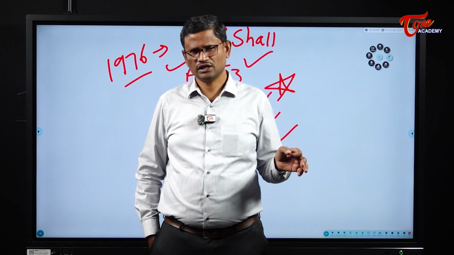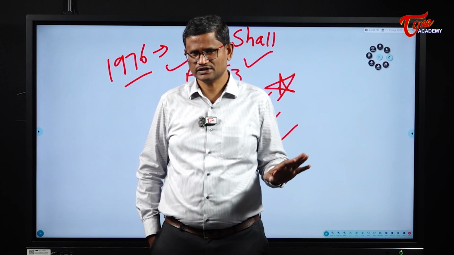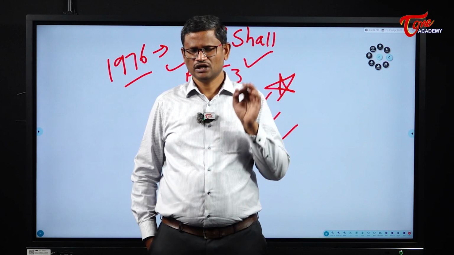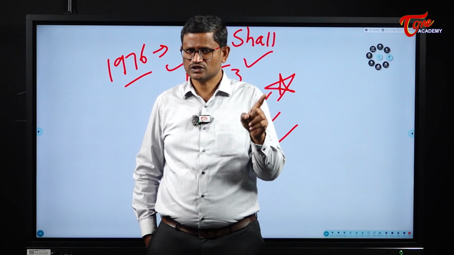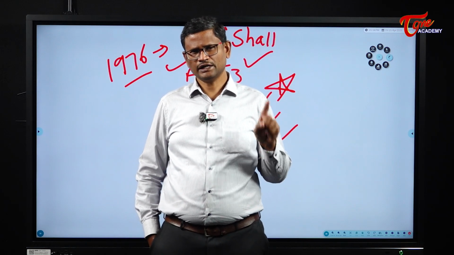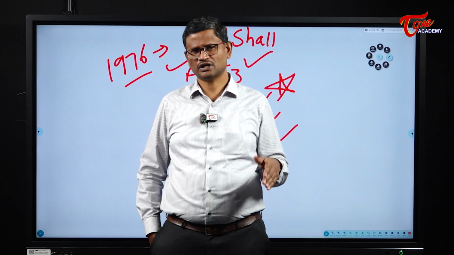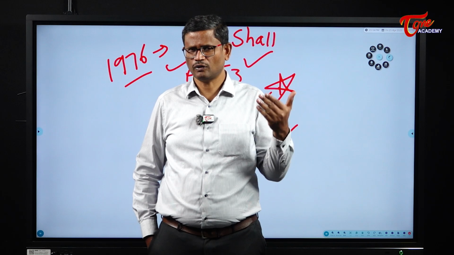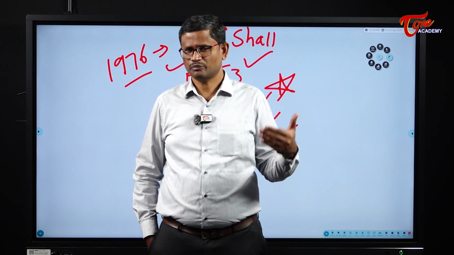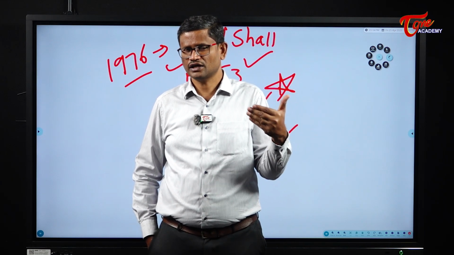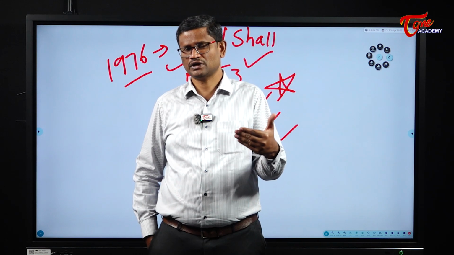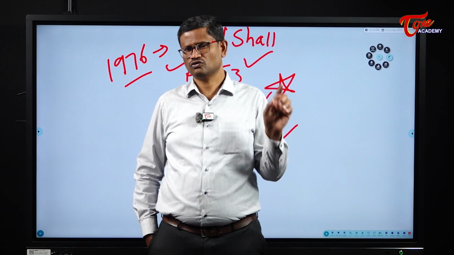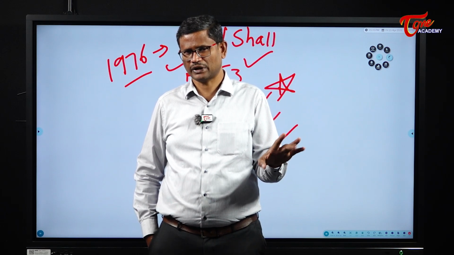So Mrs. Indira Gandhi in 1976, through the 42nd Amendment, replaced the word "may" with "shall". Shall means the President is bound by the advice. So now Article 74 reads that the President shall act on the aid and advice of the Council of Ministers headed by the Prime Minister, which means the President cannot do anything without the advice of the Council of Ministers headed by the Prime Minister.